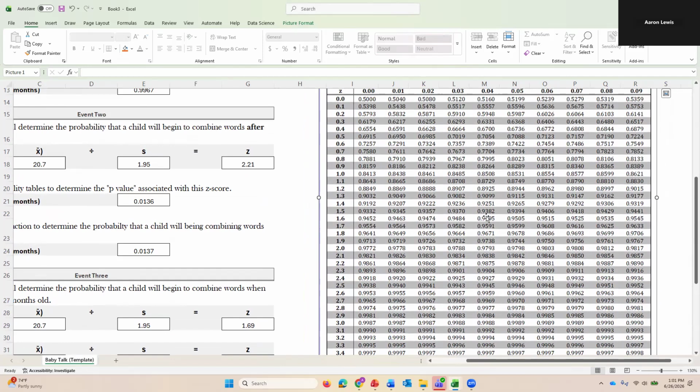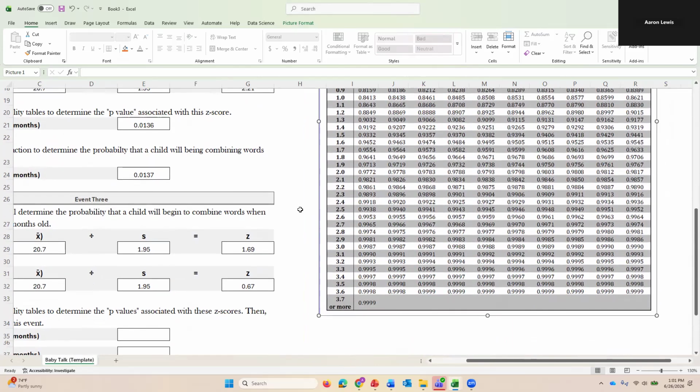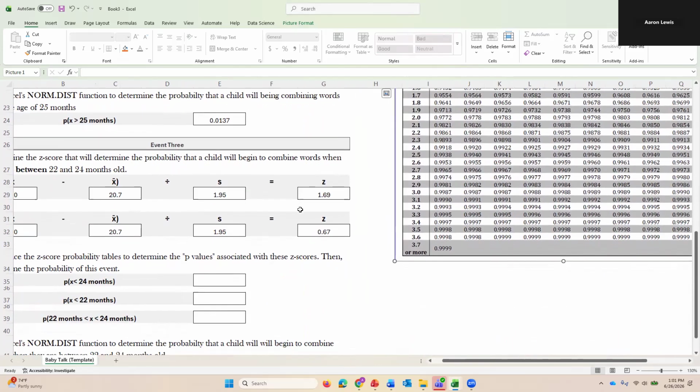We go over to 9, and 9 is 0.9545. So that would be the probability of somebody beginning to form sentences in less than 24 months, so 0.9545. Let's find the p for the other z-score that we're given, which is 0.67.